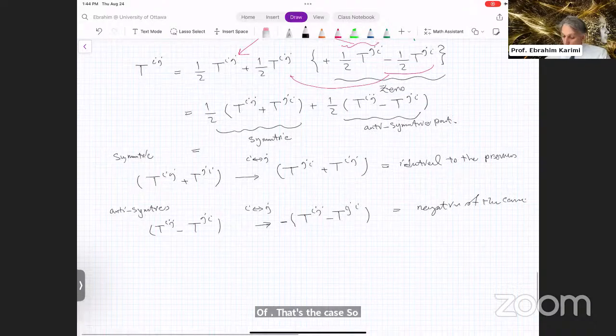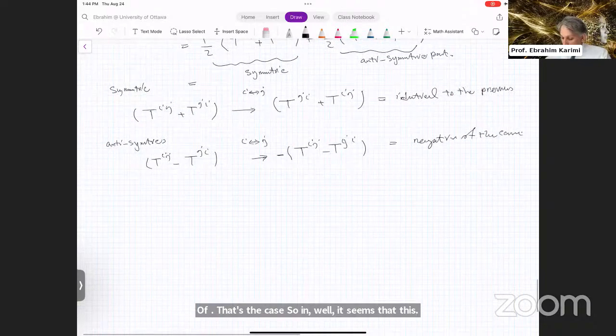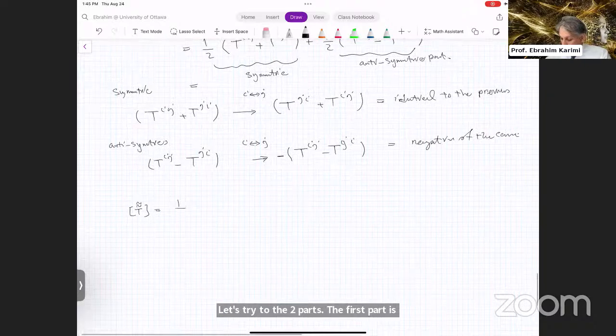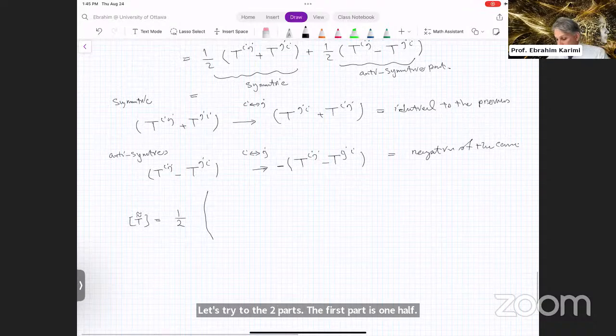So it seems that this tensor that I had, I can write in two parts. The first part is 1/2 of Tij plus Tji.